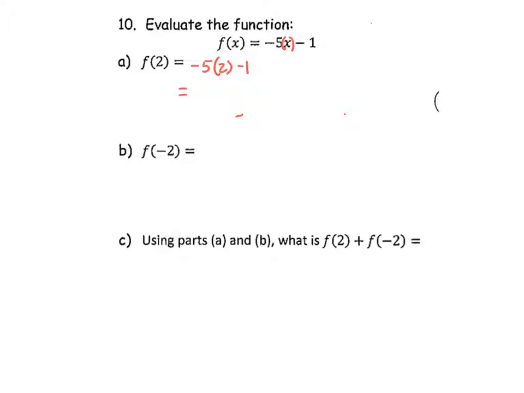Okay, negative 5 times 2, negative 10. And I bring down the minus 1. Negative 10 minus 1, negative 11. So f of 2 is equal to negative 11. Okay, and we're going to do the same thing for b.